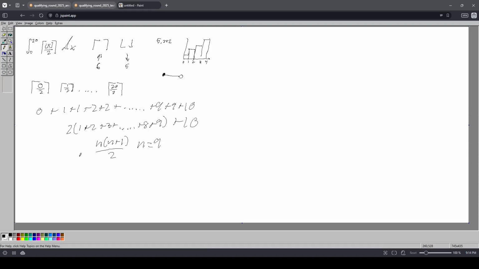So you'll have 2 times 9 times 9 plus 1 over 2, plus 10. The 2's cancel out, so it's 9 times 10, plus 10. 9 times 10 is 90, plus 10. And that's going to equal 100, which is our answer.